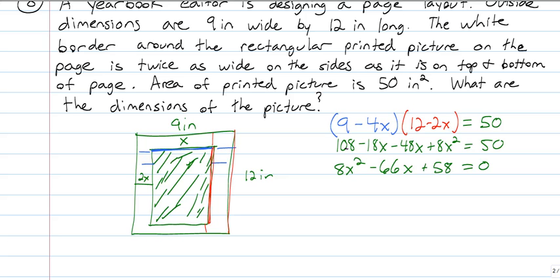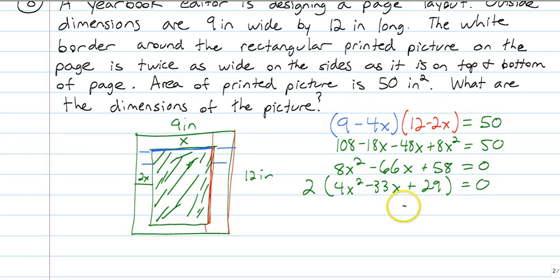So let's pull out a GCF first, because that makes life a lot easier. The only thing you can really pull out of here is a 2. So we get 4x squared minus 33x plus 29. Okay? And then you should be able to factor this. You can do guess and check, or you can do Batman if you want to know for sure.